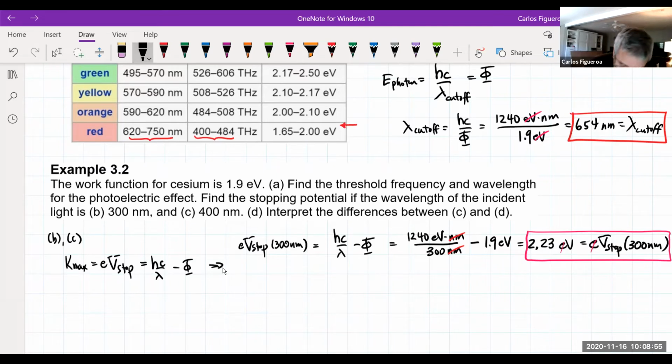And if I repeat the exact same calculation for 400 nanometers, I'm going to get 1240 divided by 400.